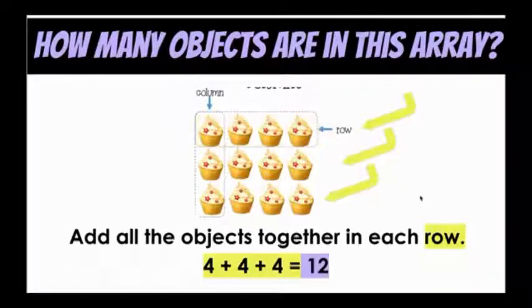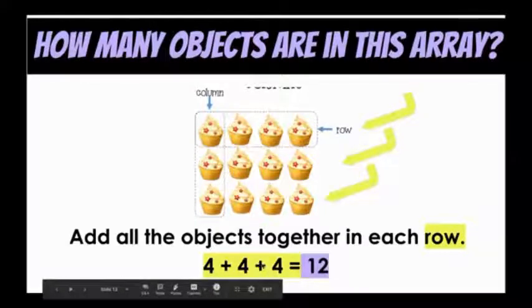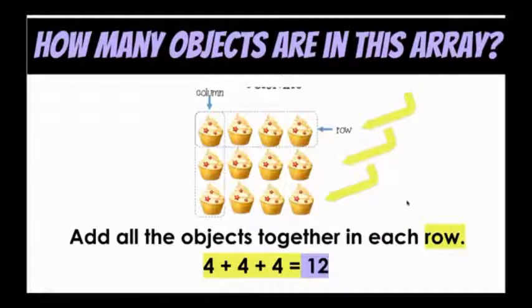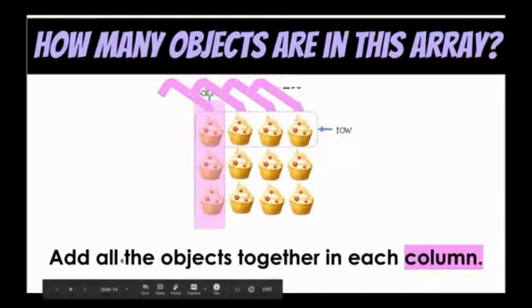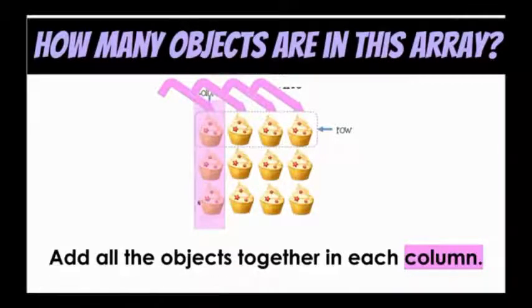So when I write my repeated addition problem for the rows, it will be 4 plus 4 plus 4 equals 12 total cupcakes. Another way we can write a repeated addition problem is to look at the columns and add all the objects together that are in each column. So I have 4 columns here, and I have 3 cupcakes in each column.